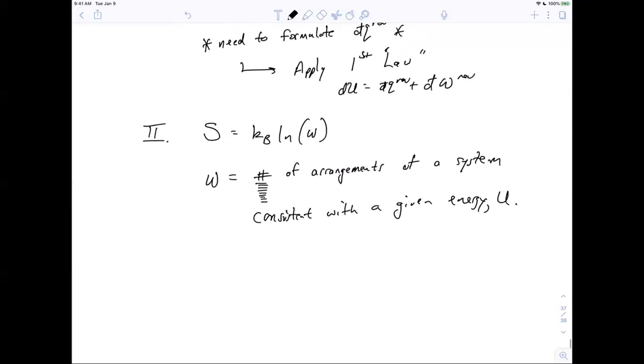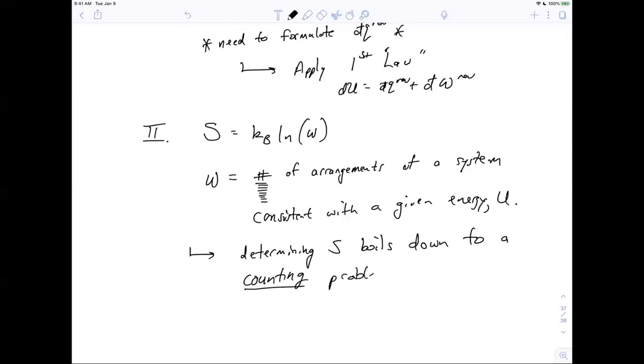And what this tells us then is that determining S boils down to a counting problem, really.